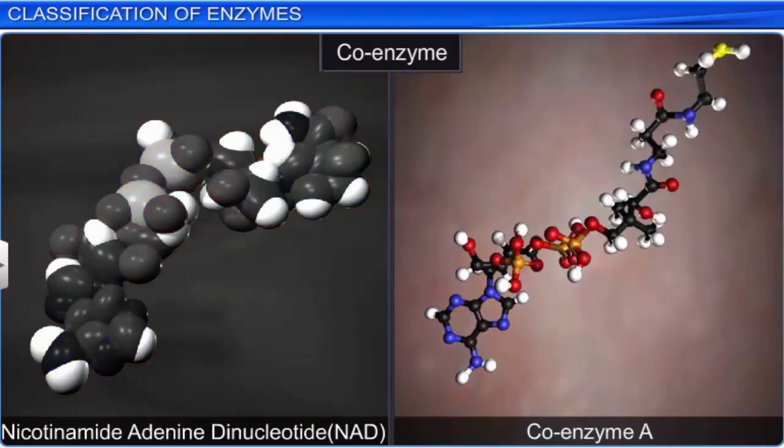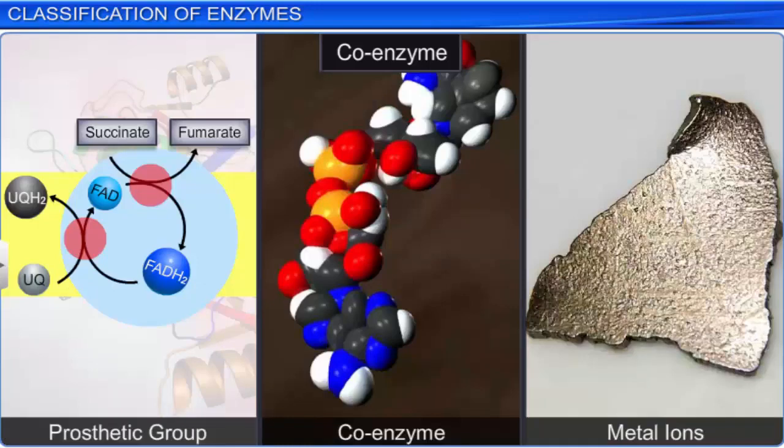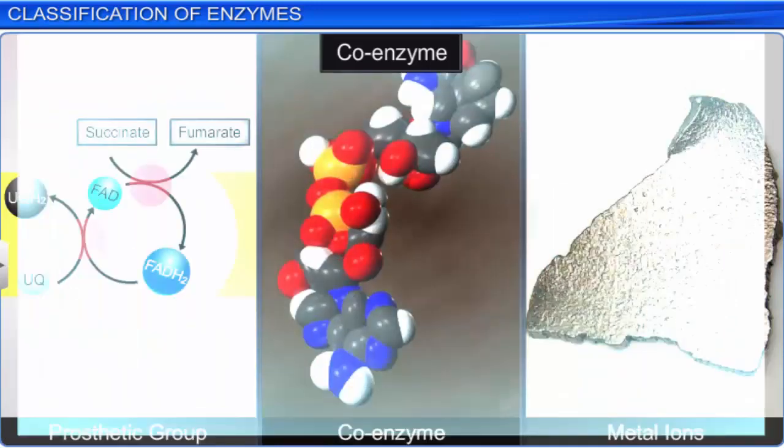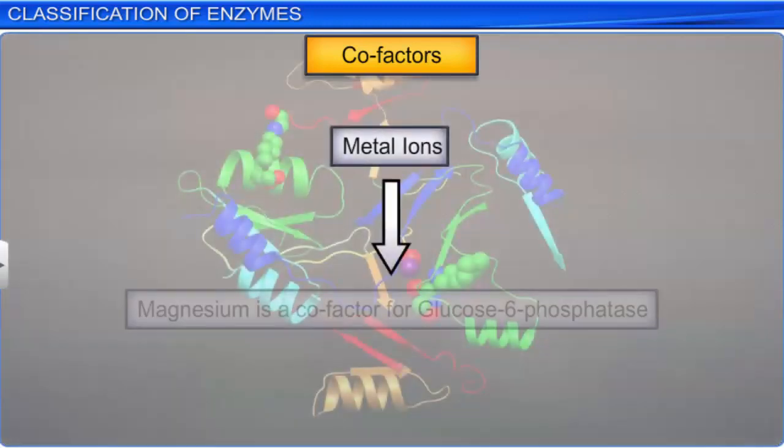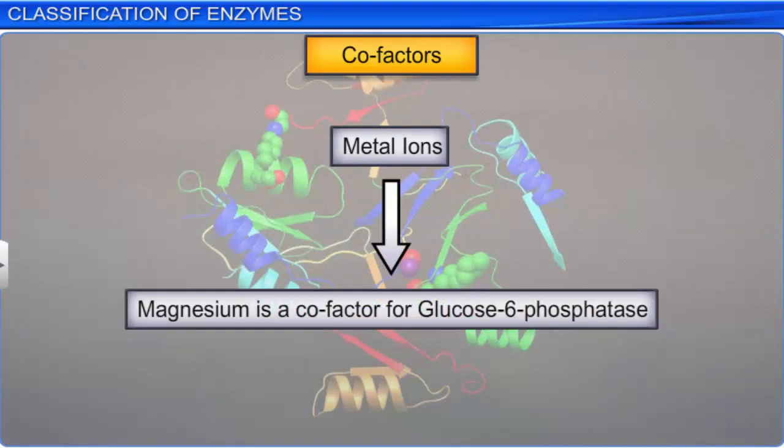The third type of cofactors is metal ions. They are required by enzymes to form coordination bonds with side chains at the active site and one or more coordination bonds with the substrate. For example, magnesium is a cofactor for glucose 6-phosphatase and manganese is a cofactor for arginase.